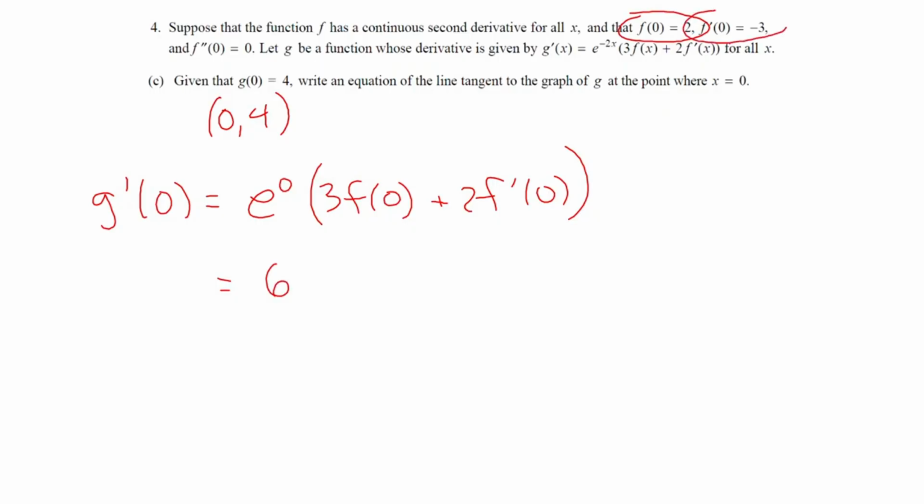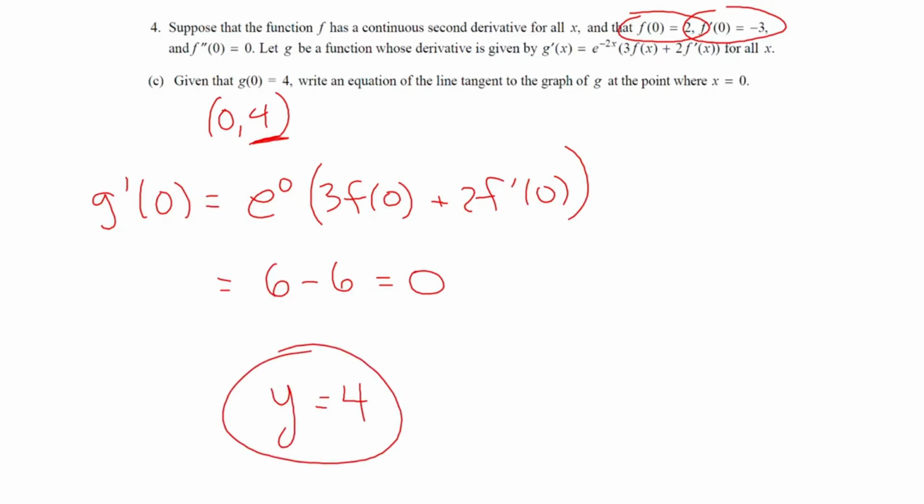And f prime was given as -3, so we have 2 times -3, so that's -6. And so we just end up with a slope of 0. So if our slope is 0, it means we have a horizontal line, which means the y value is always just 4. So the equation of our tangent line is y equals 4. And they gave you 2 points for that. 1 for getting the value for g prime of 0, and 1 for the equation.